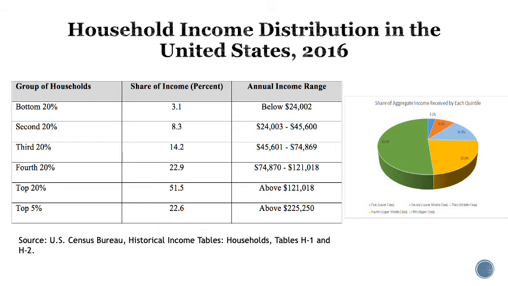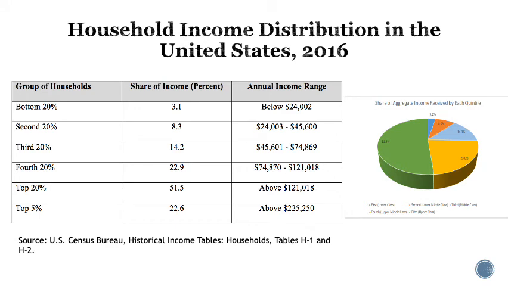While the top 5% have an income of more than 225,250 on average, and they receive a total income share of 22.6%.